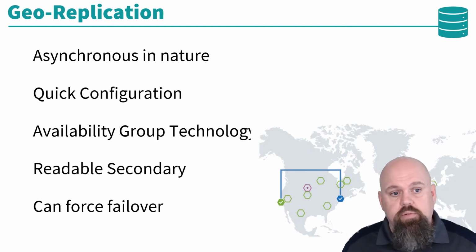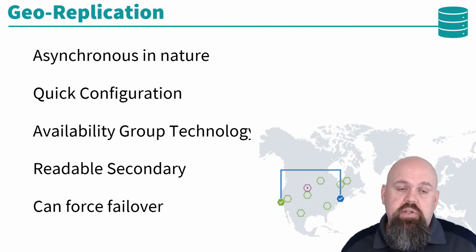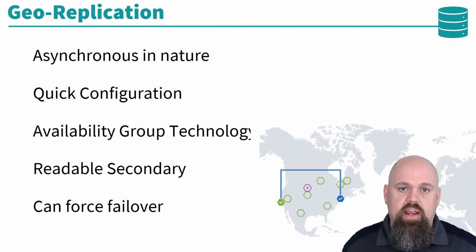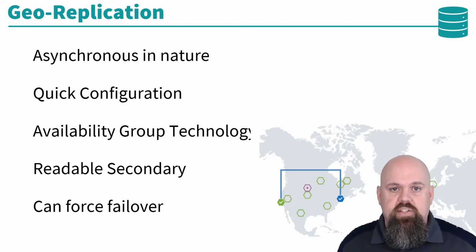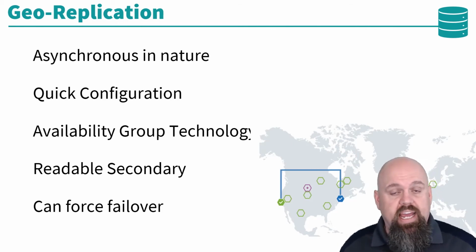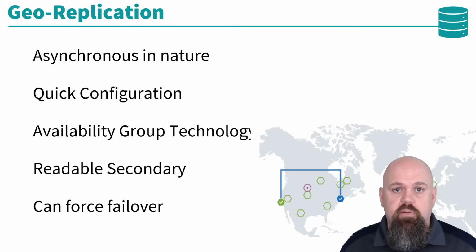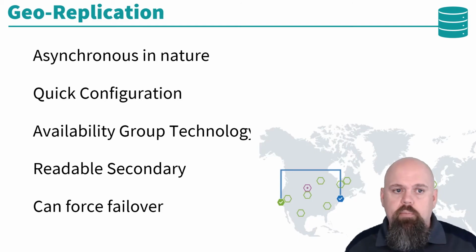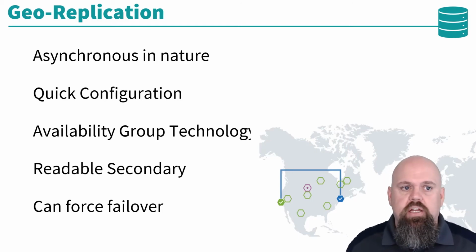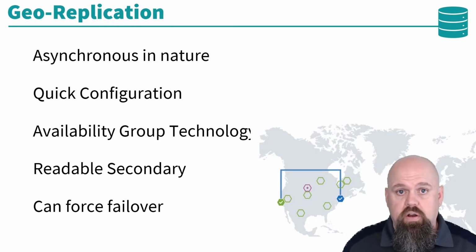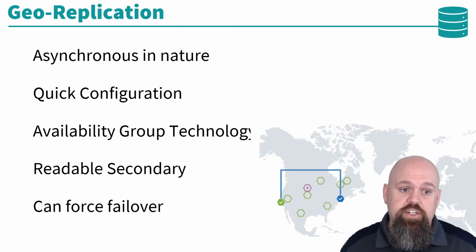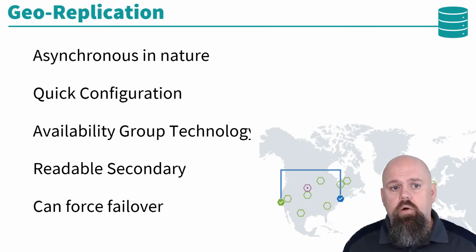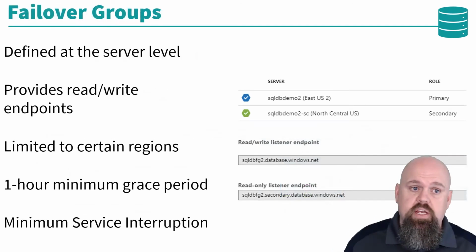It does provide a readable secondary, which is really handy, especially if I want to offload reporting or some other task to that secondary copy. That provides an easy solution for me, and I can use this as a forced failover methodology. The only downside is that either myself as a consumer or my application has to have logic to actually initiate that failover. So if something goes down within the Azure region, we have to manually enforce that failover, but it is possible.